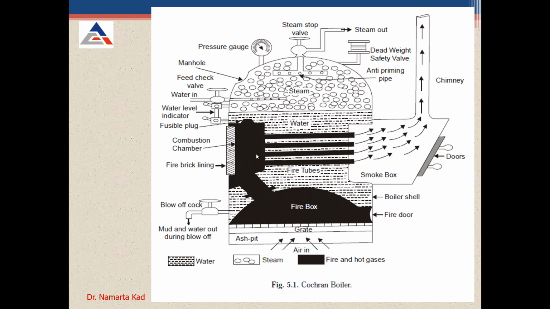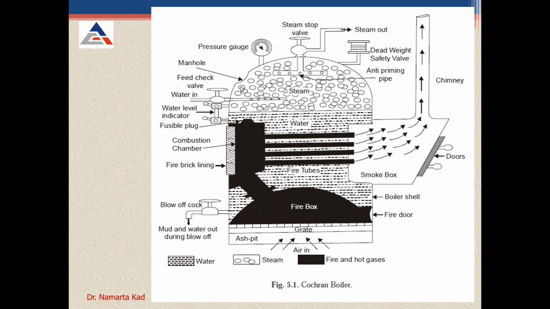So this is the combustion chamber, and here is a fusible plug. We are going to study these parts one by one in detail in the next slides. Then this one is the water level indicator, which shows what the water level in the boiler is. Then water in, through this the water is input to the cylinder. Then the feed check valve.